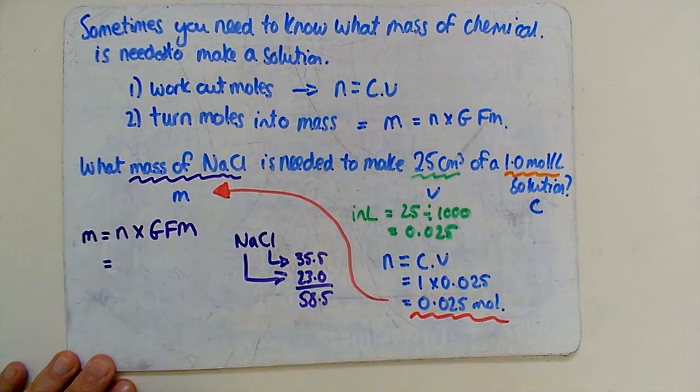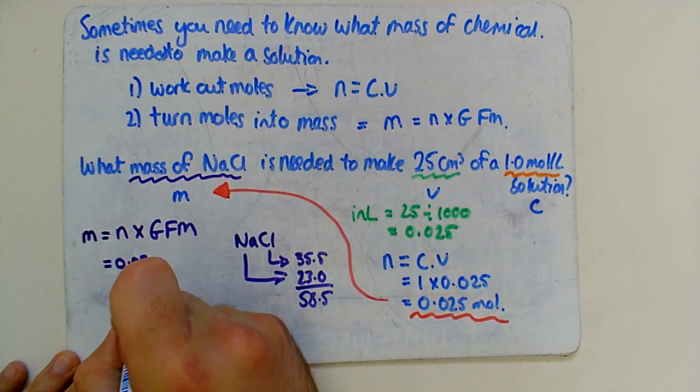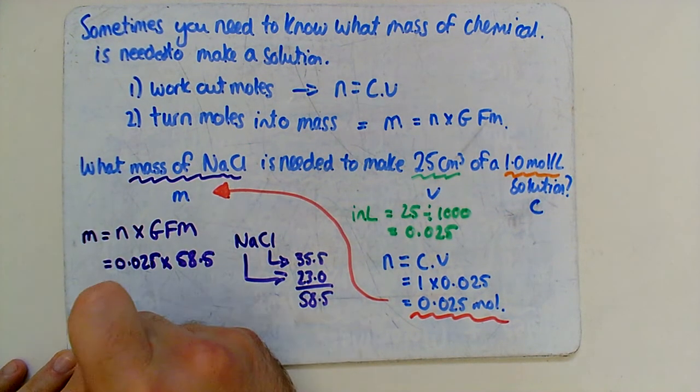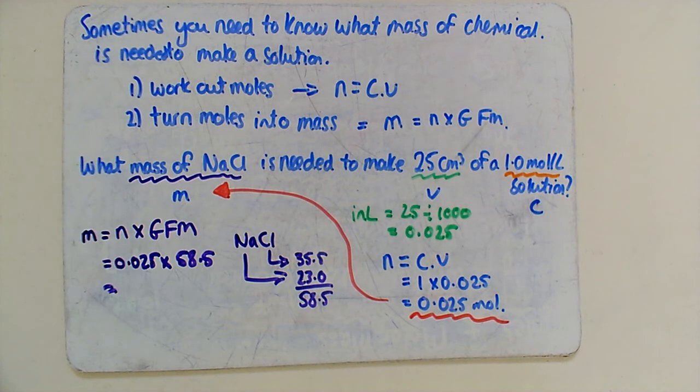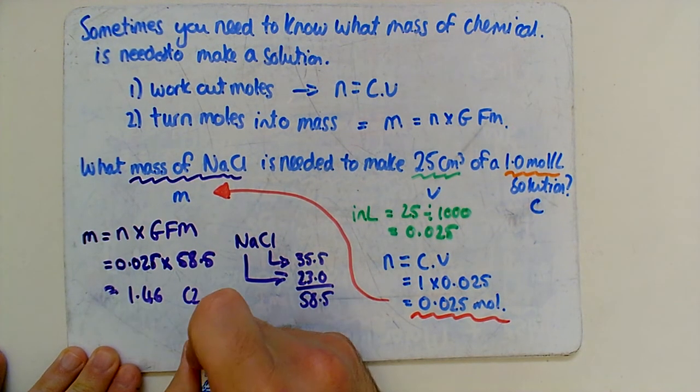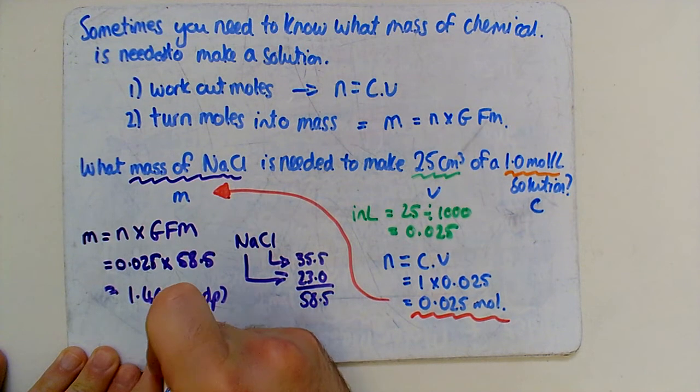So here we have 0.025 multiplied by 58.5, which equals 1.46, and that's to 2 decimal places, grams.